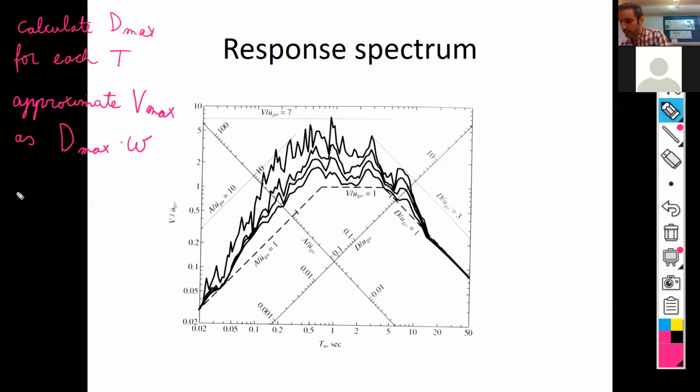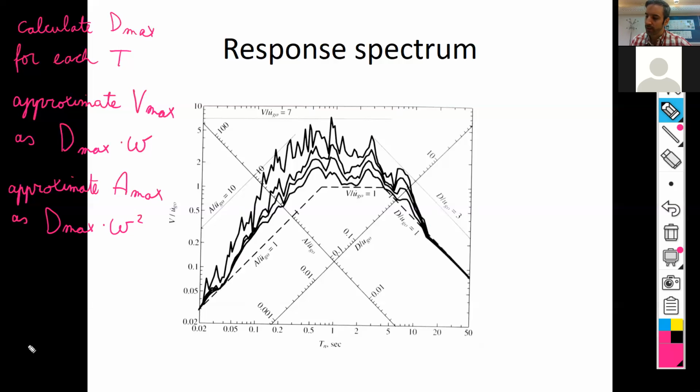Okay? And we approximate. So the displacement spectrum is calculated and is the actual maximum displacement. So there is no pseudo in front of the displacement spectrum.